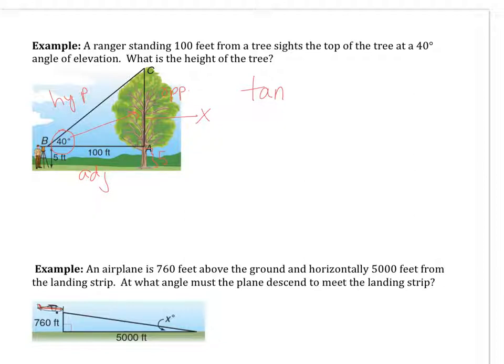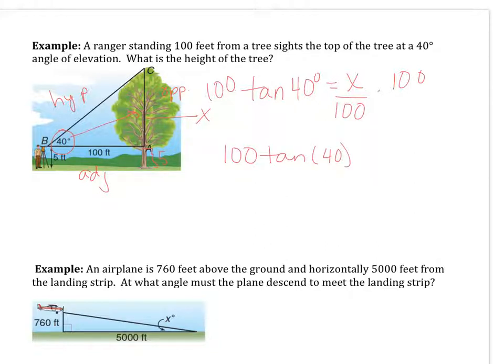So tangent of 40 degrees equals my opposite, which is X, over my adjacent, which is 100. On a calculator here, we're going to let the calculator do the work, we're going to multiply both sides by 100. So in your calculator, you're going to type in 100 tangent 40.